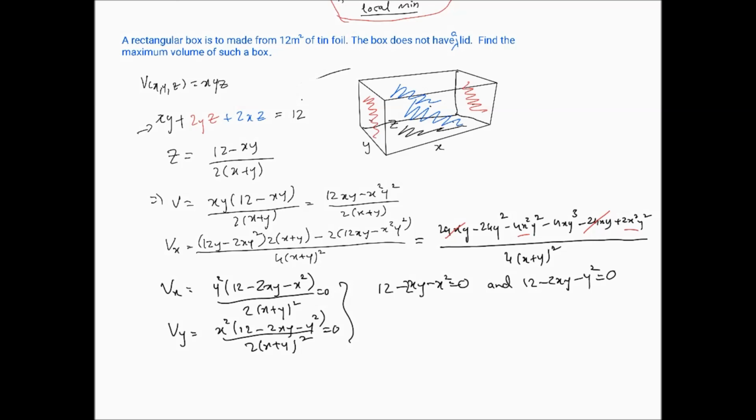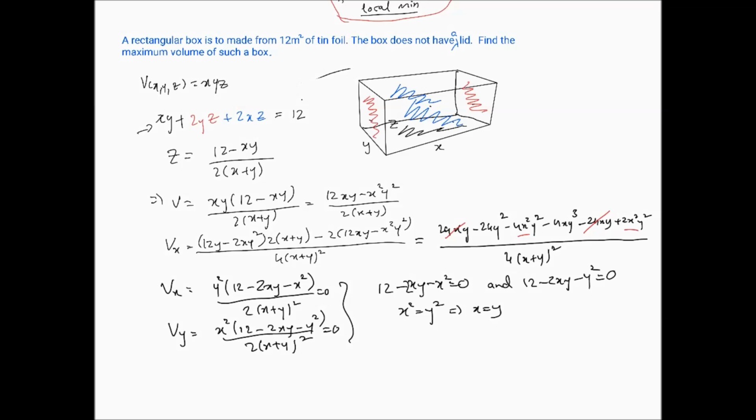If we subtract these two equations, it tells us that x squared is equal to y squared, which implies that x is equal to y. So x is equal to y.